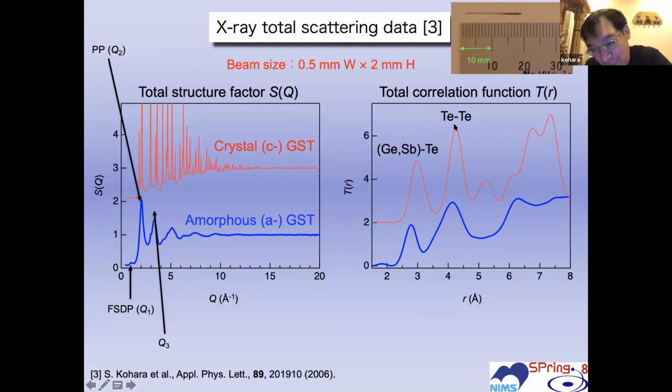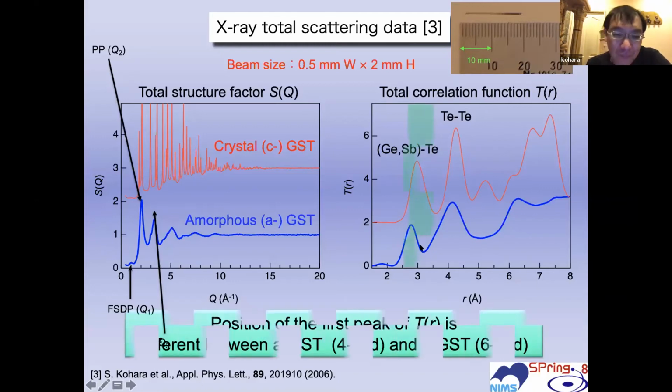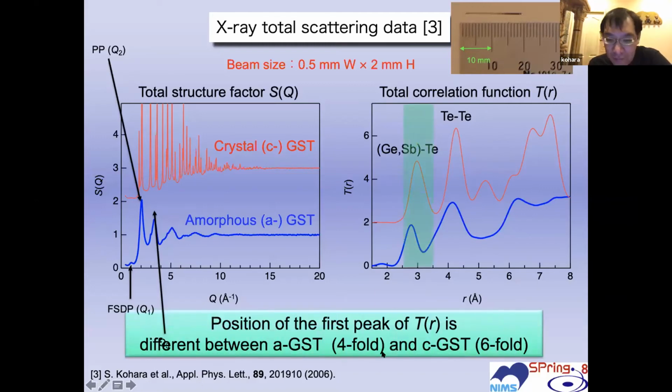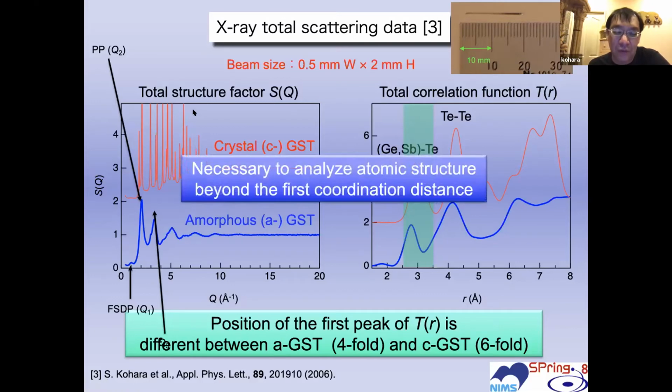If we take a look at the fully transformed data, the important point is that the position of the first peak is different. In the amorphous phase, the coordination number is almost 4-fold. But in the crystalline phase, the coordination is 6-fold. So the short range structure is completely different. But the phase change is very fast.